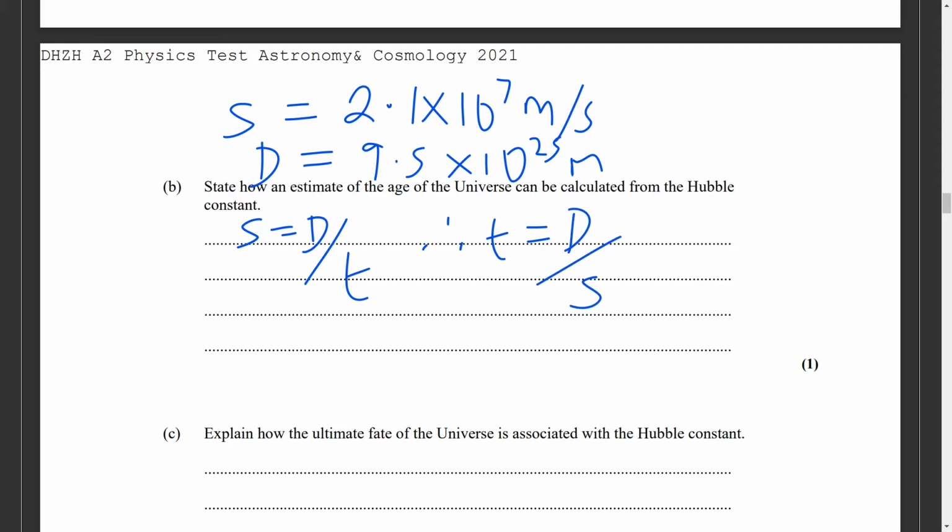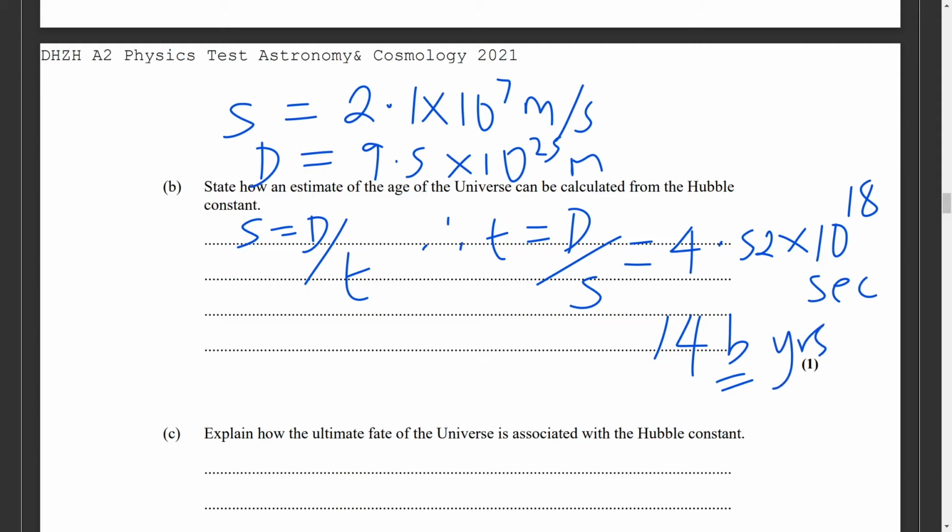So quickly, if you do d over s, you will see that you get an answer of 4.52 times 10 to the power of 18 seconds. And this gives you about 14 billion years. So yes, we can say that the universe is estimated to be around 14 billion years, and we can use the understanding of the Hubble constant to explain this.